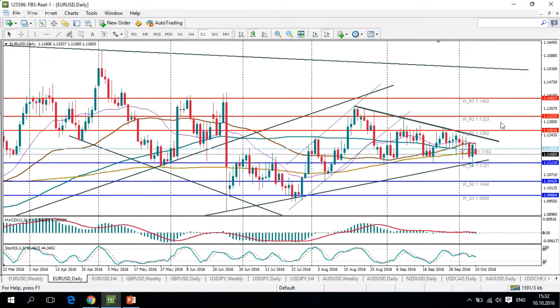Last week, we had some interesting dynamics on the single currency. The euro got a boost and managed to recover from lows, I mean, the lows of this candle, the red one, on the speculation that the European Central Bank is thinking about tapering its quantitative easing program.